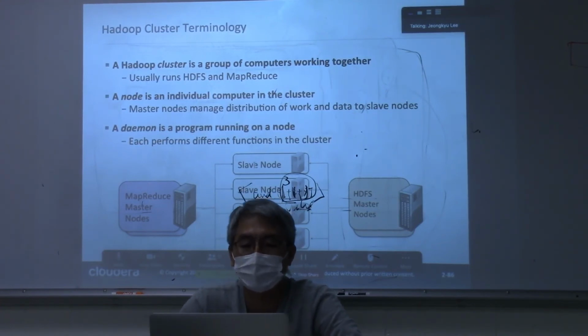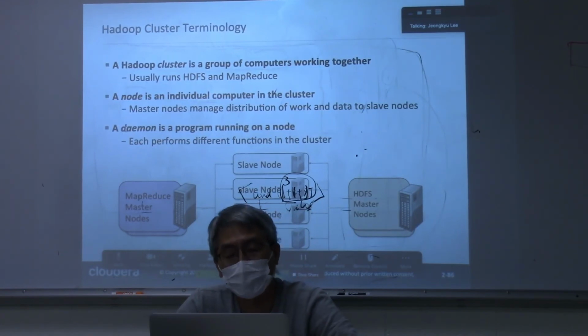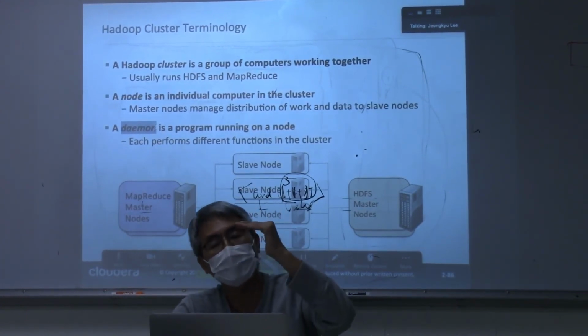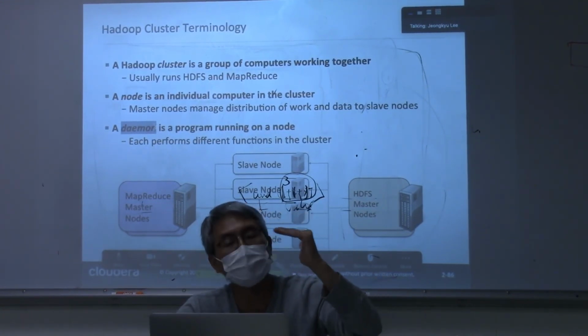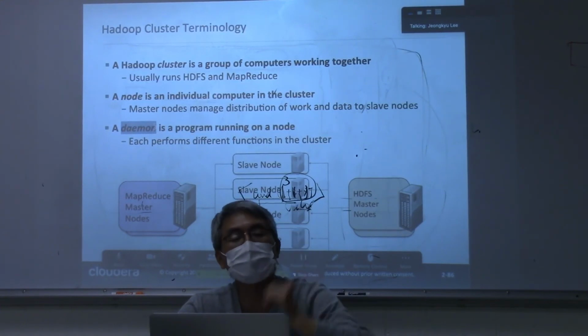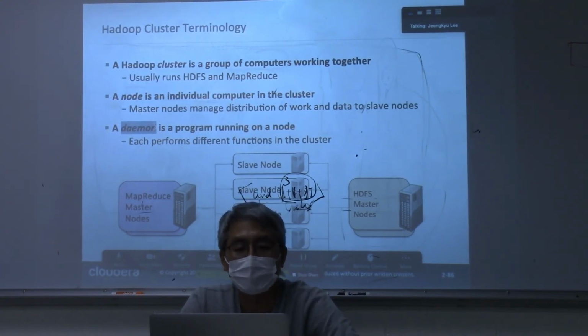Each node will have a number of processes, which are called daemon processes or service processes. For example, a data node has a data node service program, and a name node has the name node daemon process.